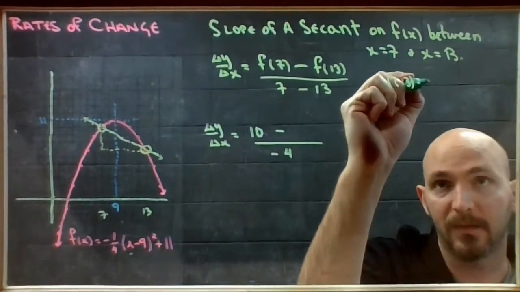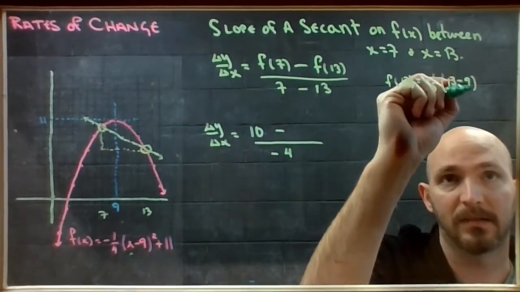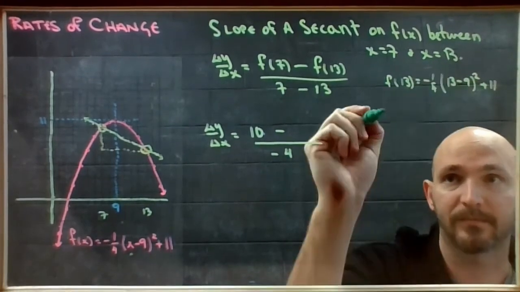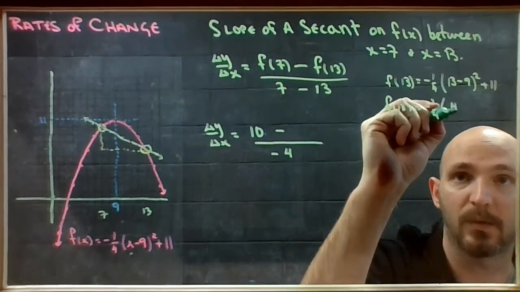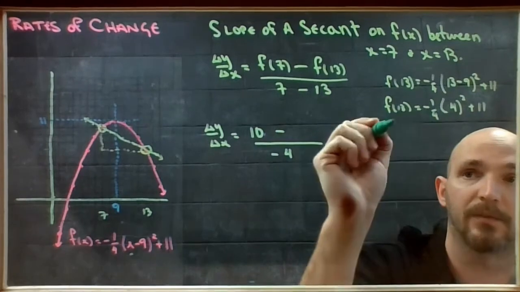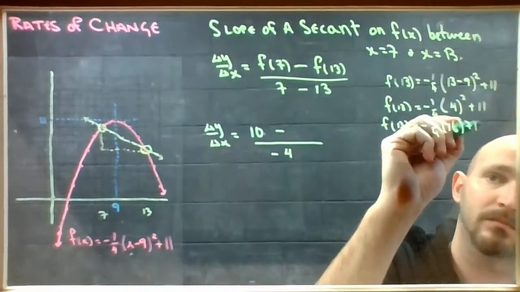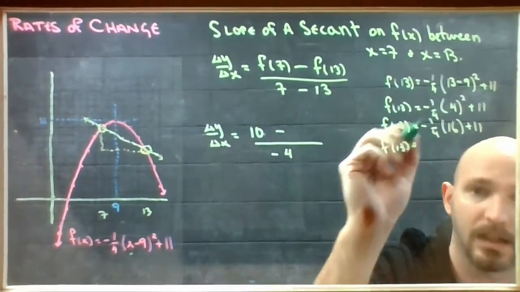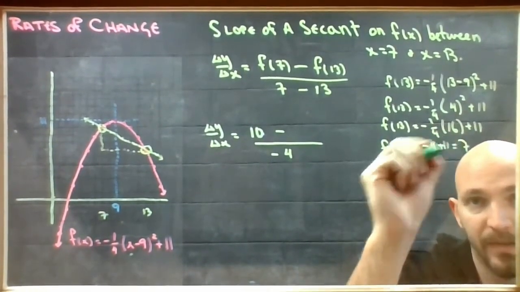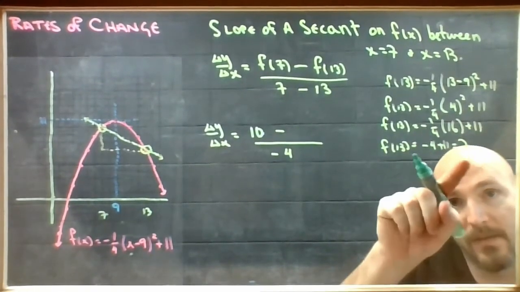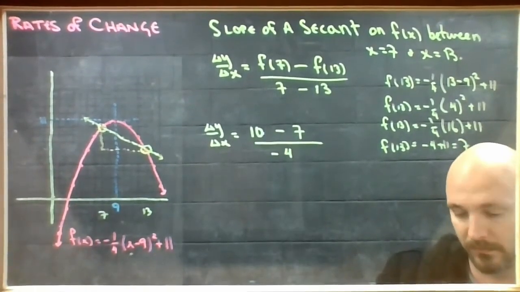So that would be -1/4 of (13 minus 9) squared plus 11. 13 minus 9 is 4. 4 squared is 16. A quarter of 16 would be 4, so I end up with -4 plus 11, which equals 7. So the value of this function here at 13 is 7 high.